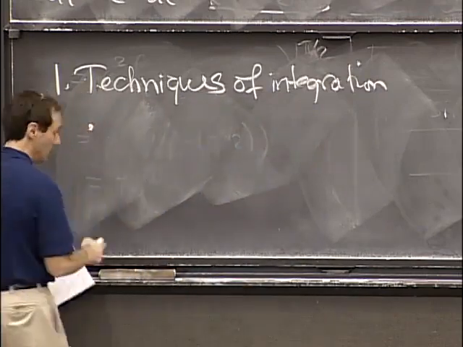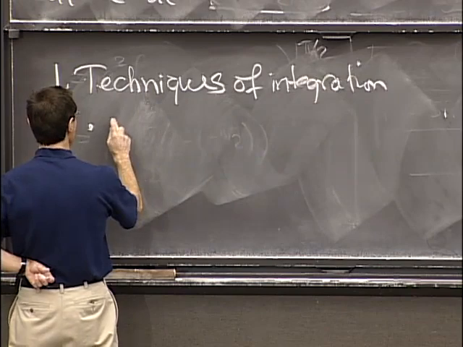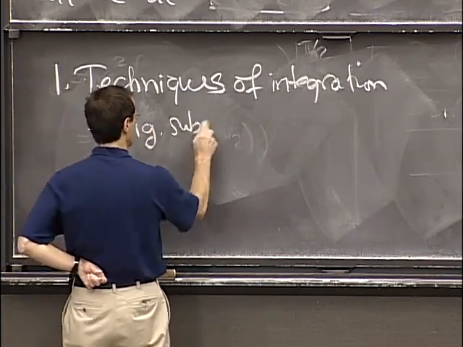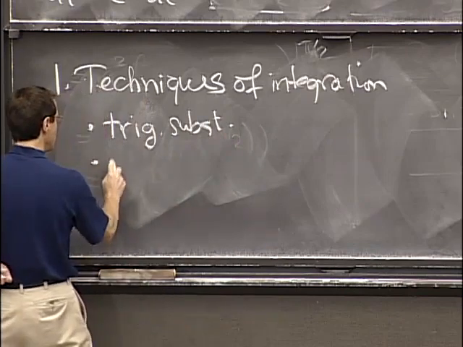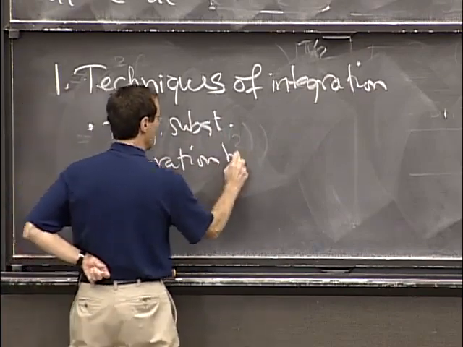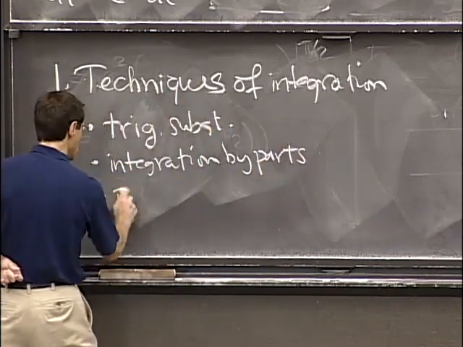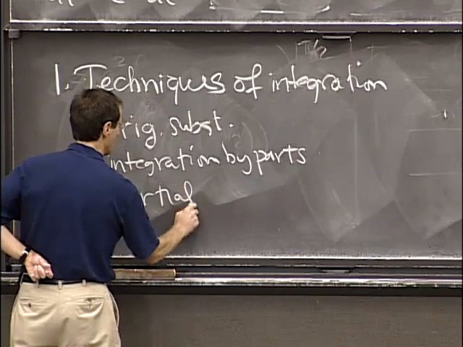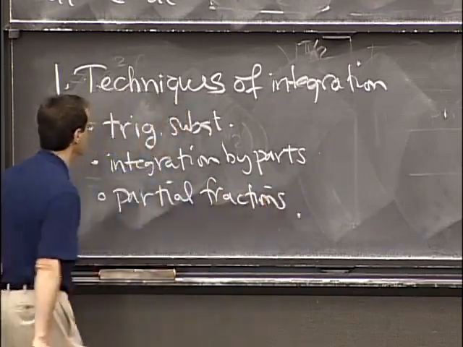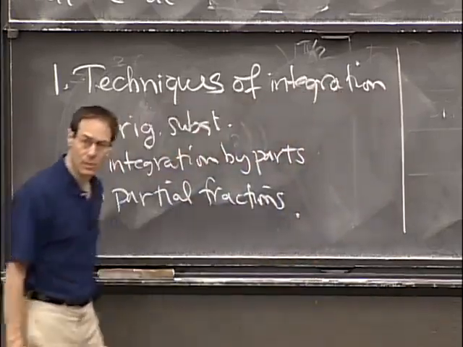And there are three which we will test. One is trig substitution. One is integration by parts. And one is partial fractions. So that's more than half of the exam, right there.